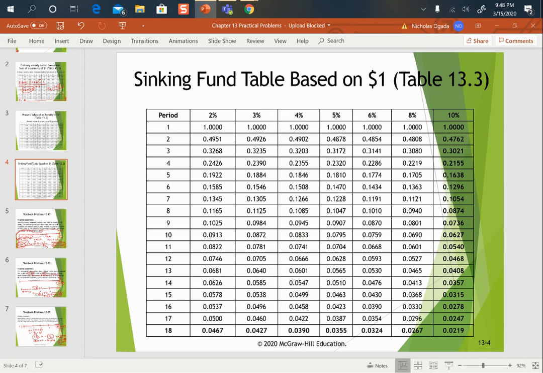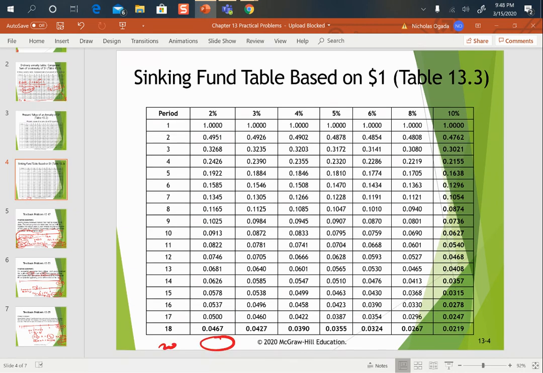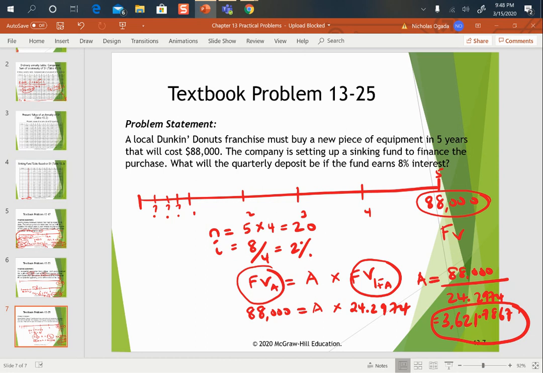So you find where the sinking fund is, where N is 20 and the rate is 2%. Then you take this value and multiply it by the $88,000, and that will give you what the payment will be. That's basically what the sinking fund table is. But what I did was just to show you the same thing using the same concept of the future value interest factor as we saw in the chapter.